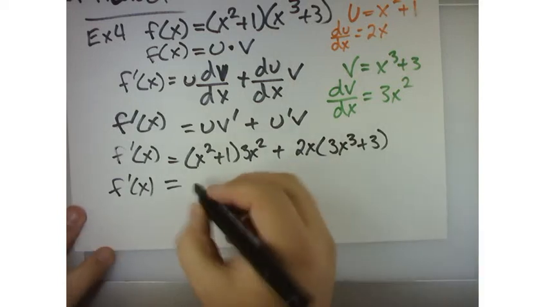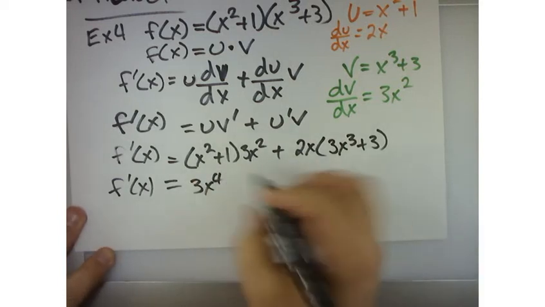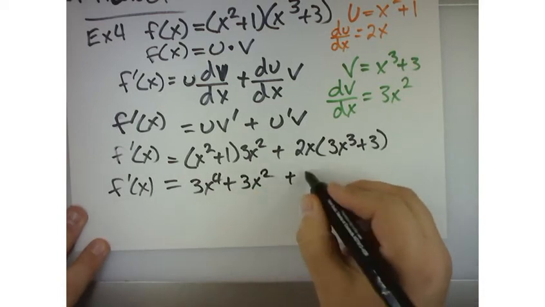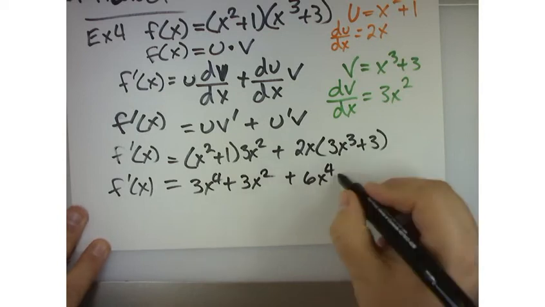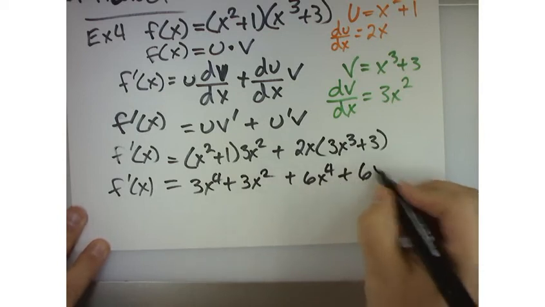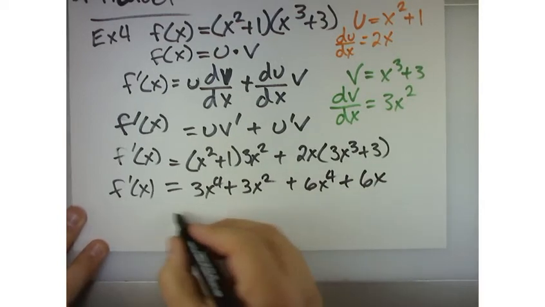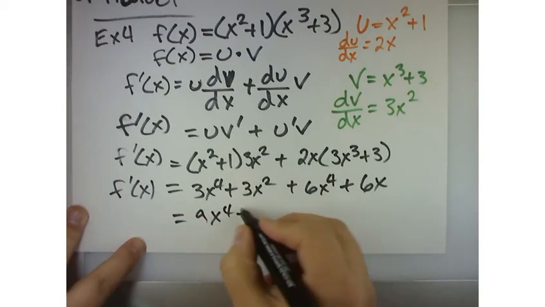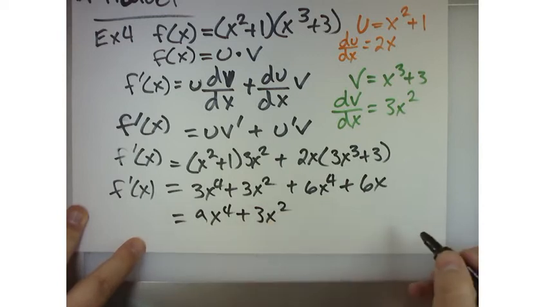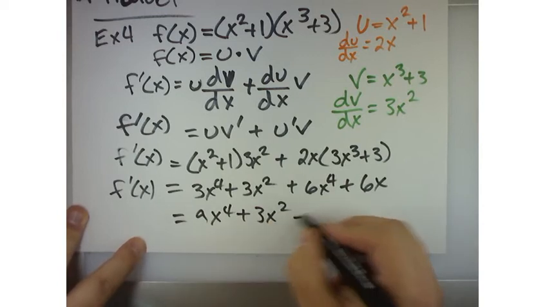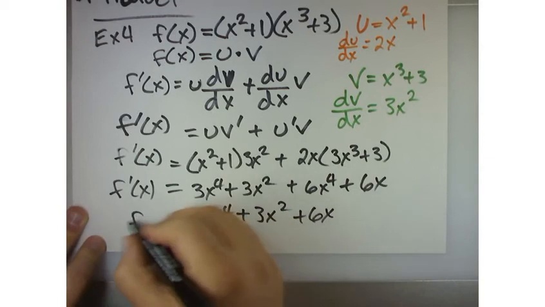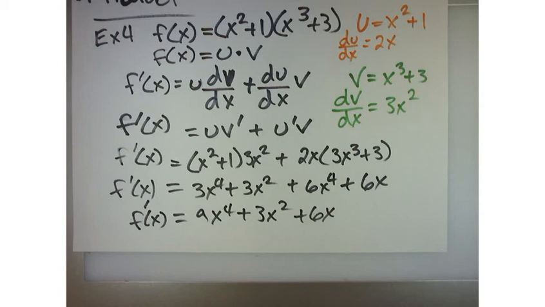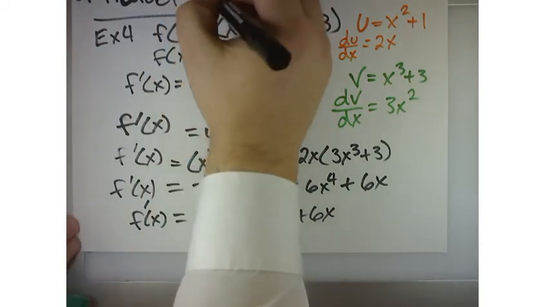So this becomes 3x to the 4th plus 3x squared. This becomes 6x to the 4th plus 6x. I'm going to combine like terms, and I get 9x to the 4th plus 3x squared plus 6x. So that's how I take the derivative using what we call the product rule. Now this one we'll use a lot of.